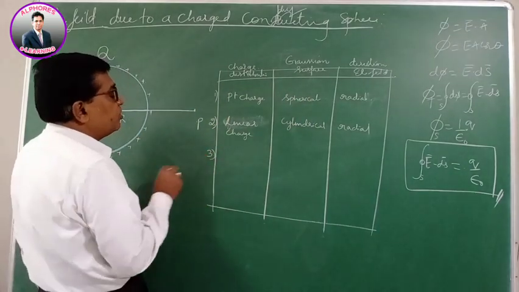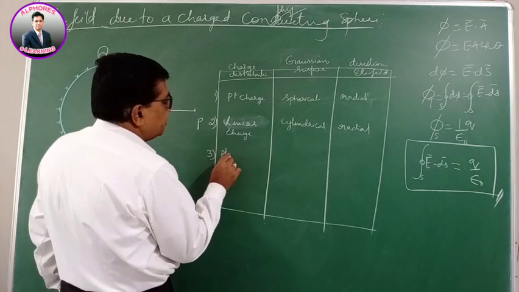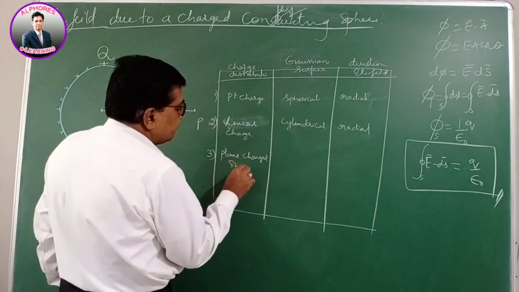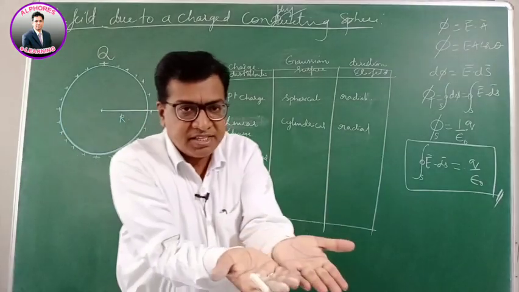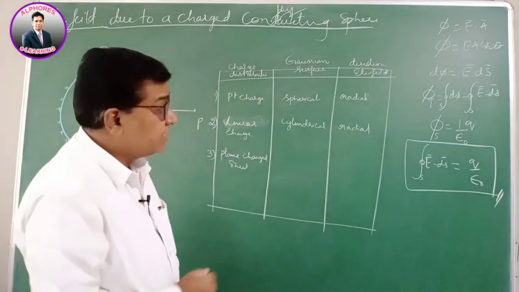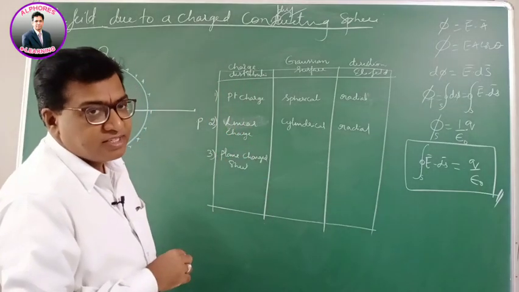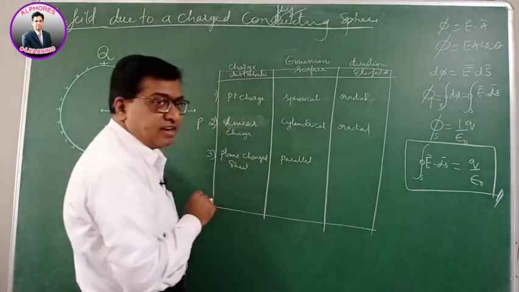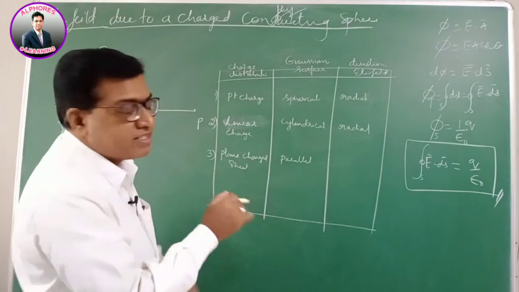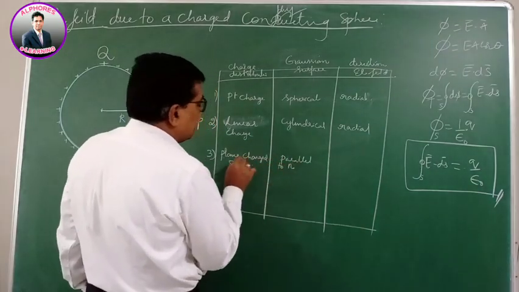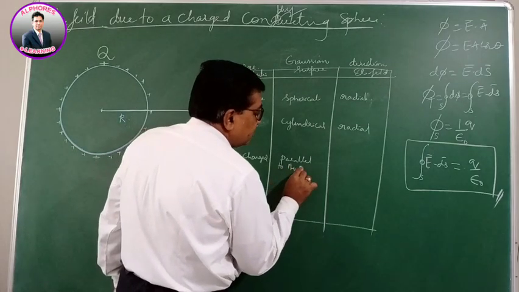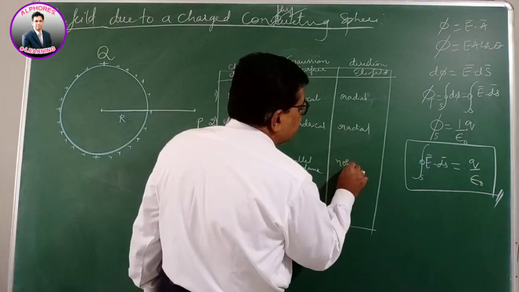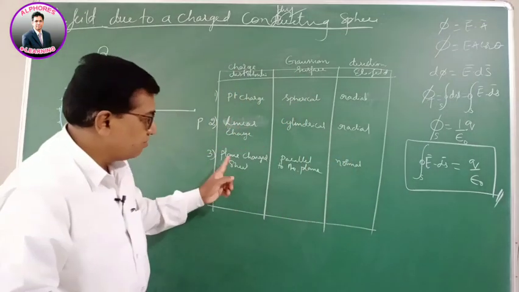Third one, suppose it is a plane charged sheet. It's a plane of charge, an infinite plane of charge, right? Then the Gaussian surface should be parallel to the surface, symmetrically bounded on either side, parallel to the plane sheet, such that the electric field is normal to the surface, normally outward to the plane of the sheet.